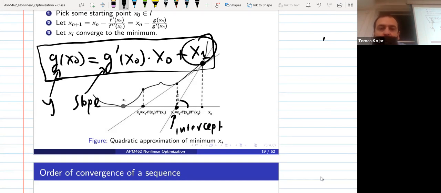And then you start again. So you hit it, and then you have a new slope given by g prime of x1. Okay, that's the new slope, and you keep going.